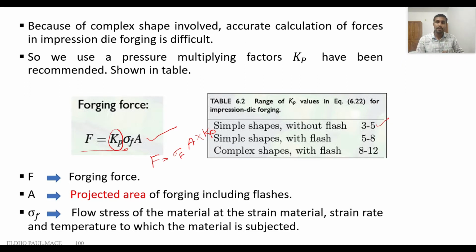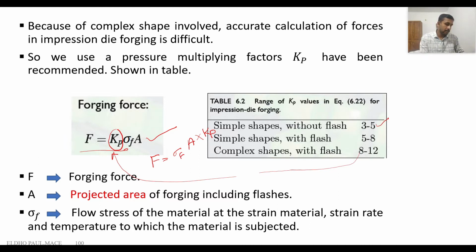If the impression die forging is for a simple shape without flash, we give a value between 3 and 5 for Kp, 5 to 8 with the flash, and 8 to 12 for complex shapes. So we can supply the Kp value either 8 to 12, or 5 to 8, or 3 to 5. Then we can calculate the forging load.